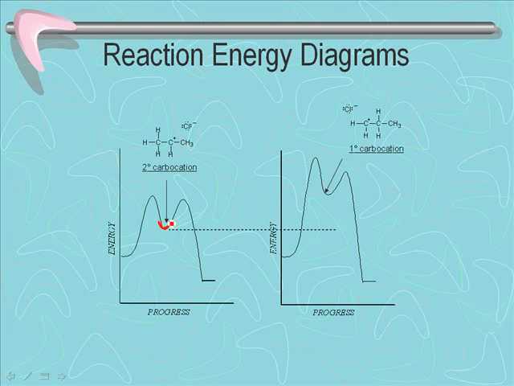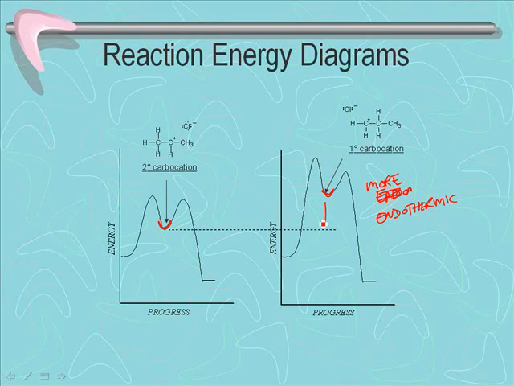The secondary carbocation intermediate is considerably more stable than the primary carbocation intermediate, and as a result it's going to be more endothermic to form the primary carbocation than it is to form the secondary carbocation.